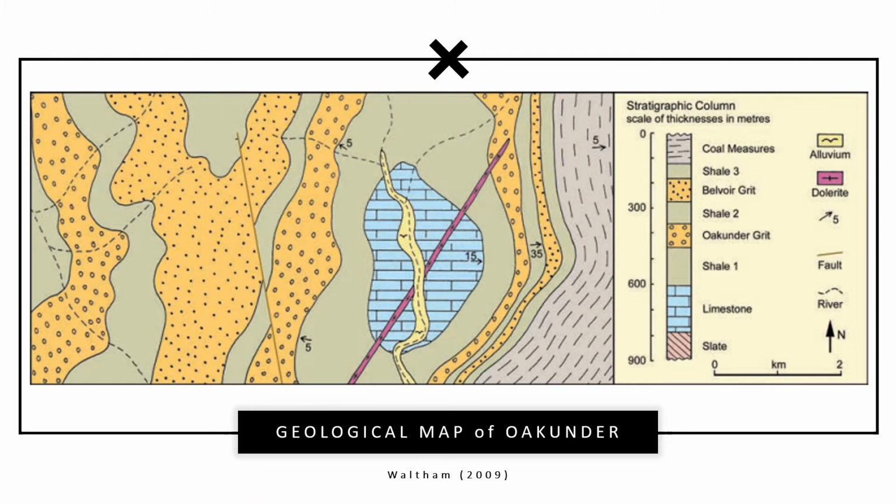So the first step is already evident in our map because it is clearly stated that it has a fault here. The line here represents the fault. So what else? I don't think there is an unconformity in this map.